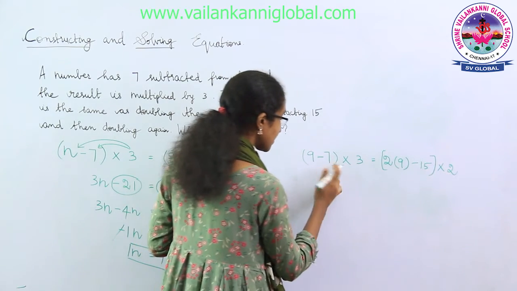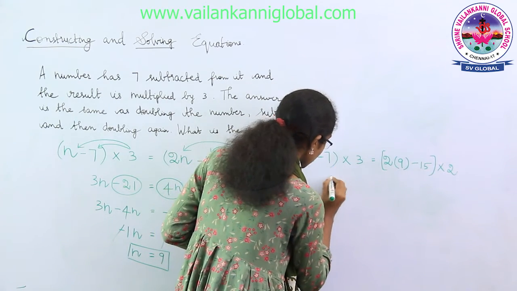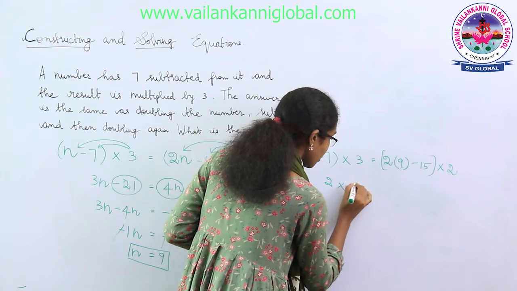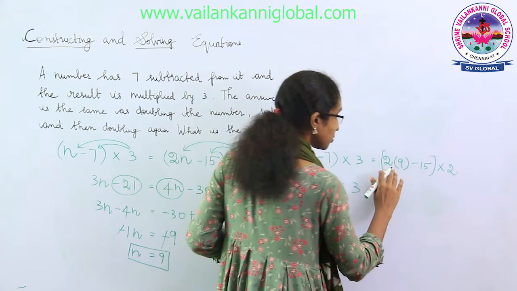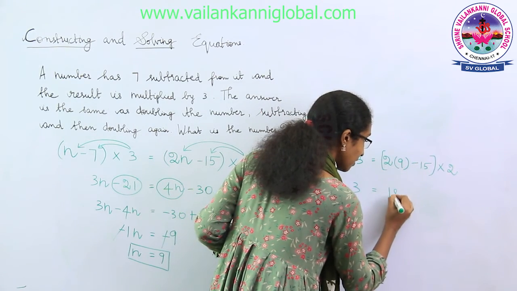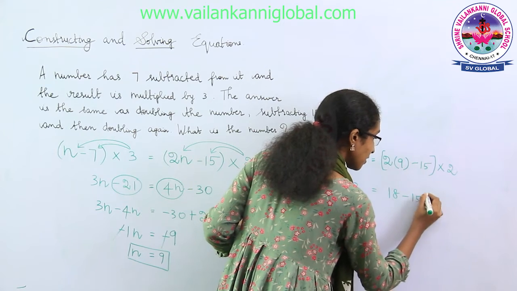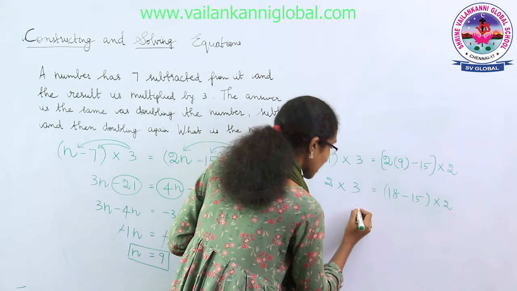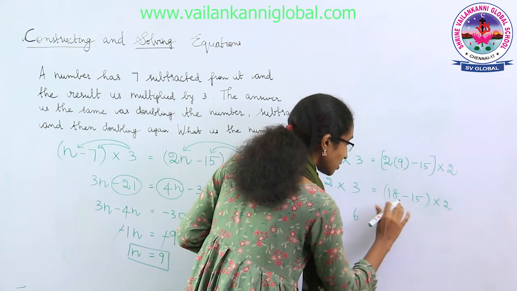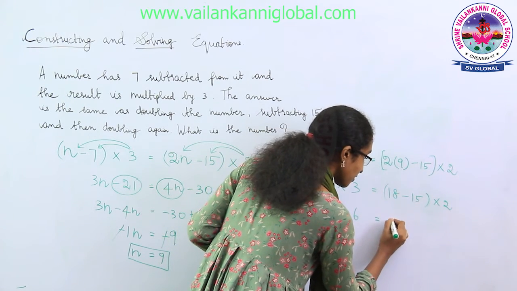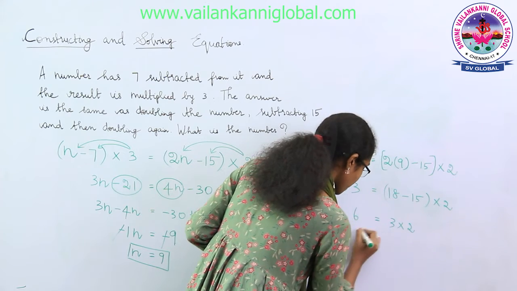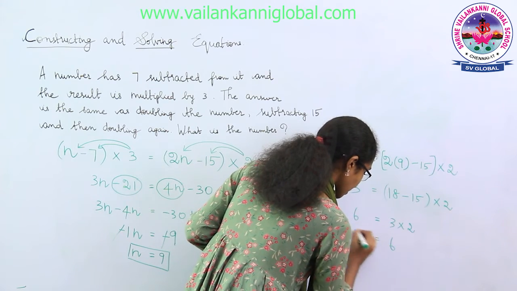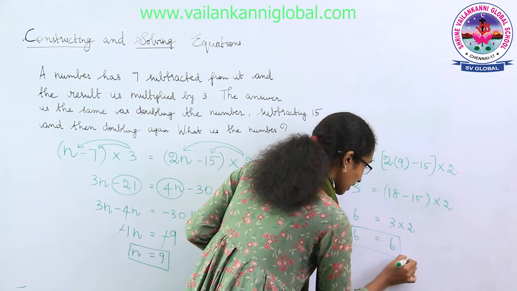So 9 minus 7 is 2, into 3. That is equal to 2 9s are 18 minus 15 multiplied with 2. So 2 3s are gives us 6, equal to 18 minus 15 gives us 3 into 2. So 6 equal to 6. So both sides are equal.